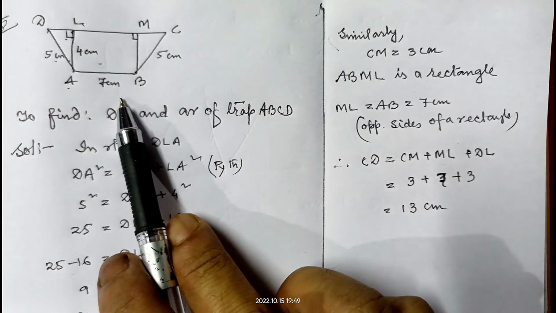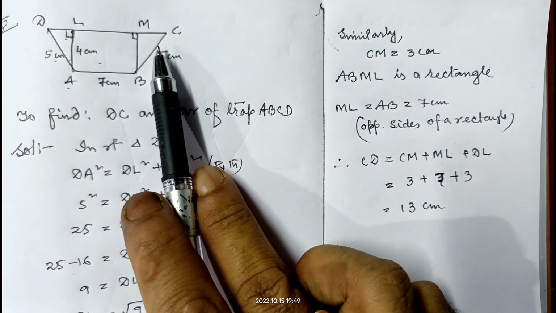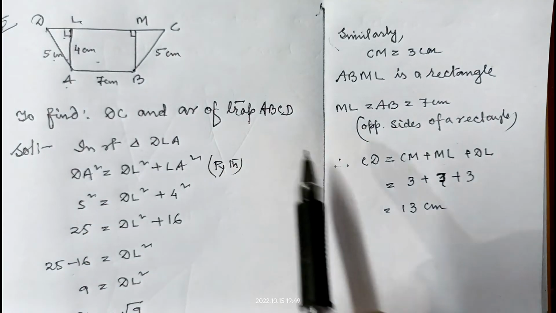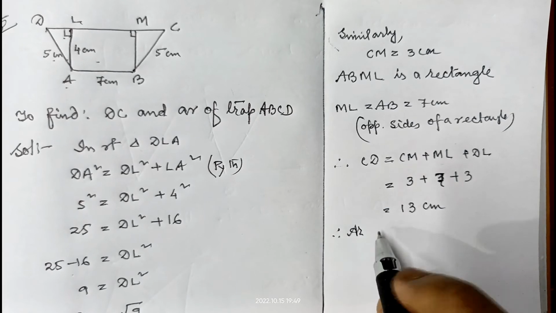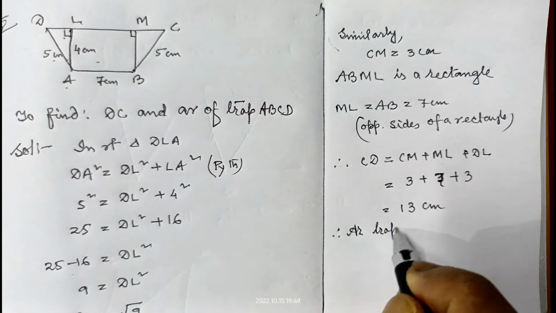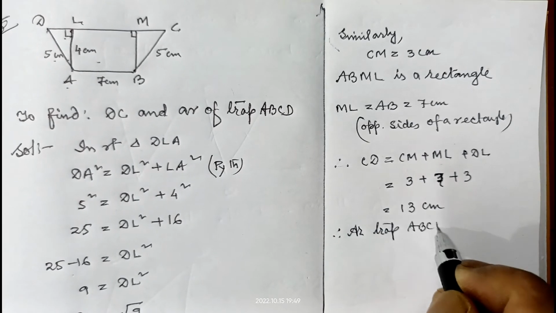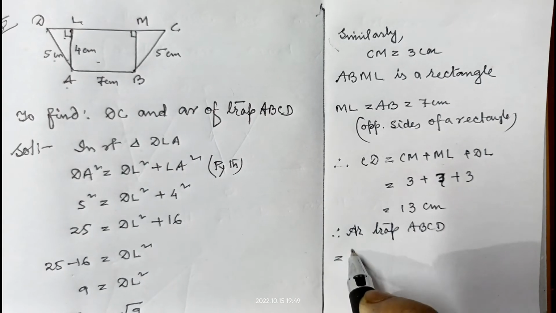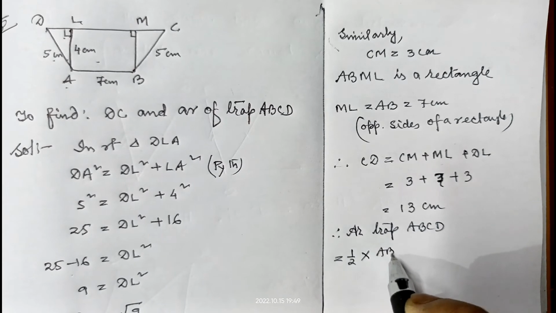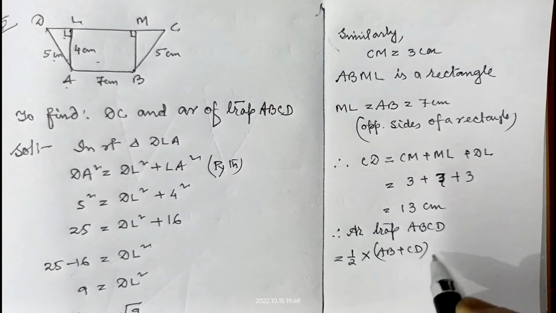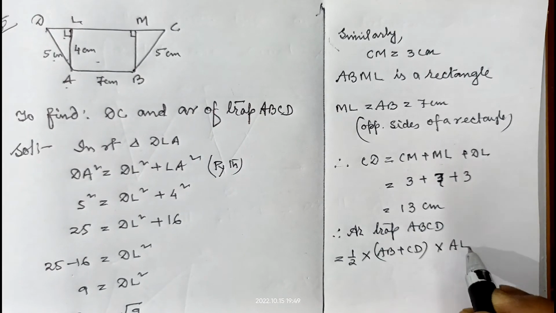So this side is 7 centimeter, this side is 13 centimeter, and the perpendicular distance is 4. Therefore area of the trapezium ABCD, we know area of the trapezium formula is half into sum of the parallel sides, that is AB plus CD, into perpendicular distance, that is AL.